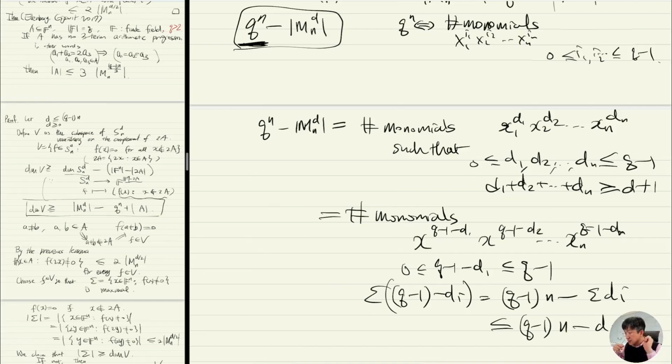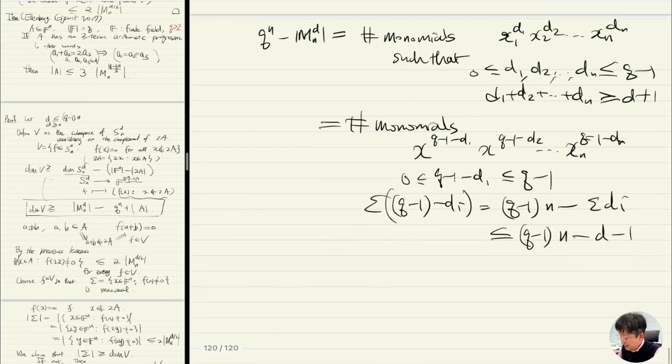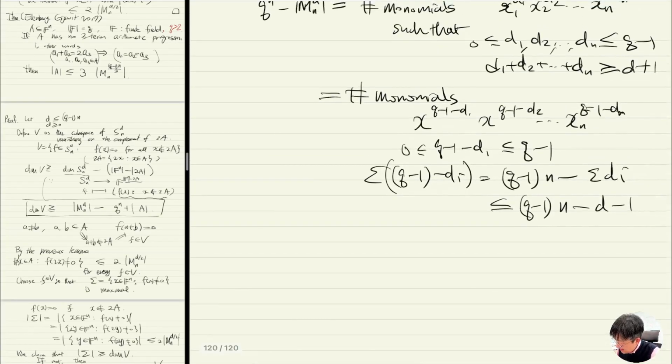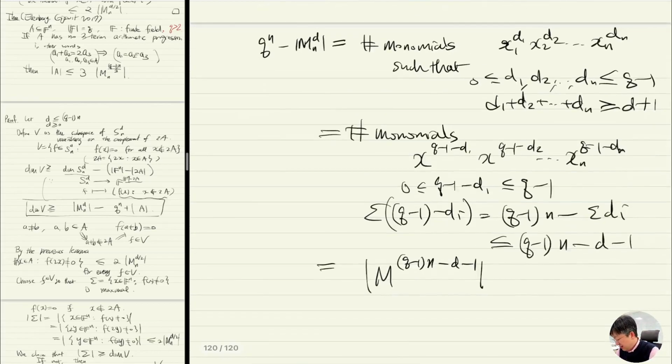Therefore this is the same as m of q minus 1 times n minus d minus 1. Is it clear?